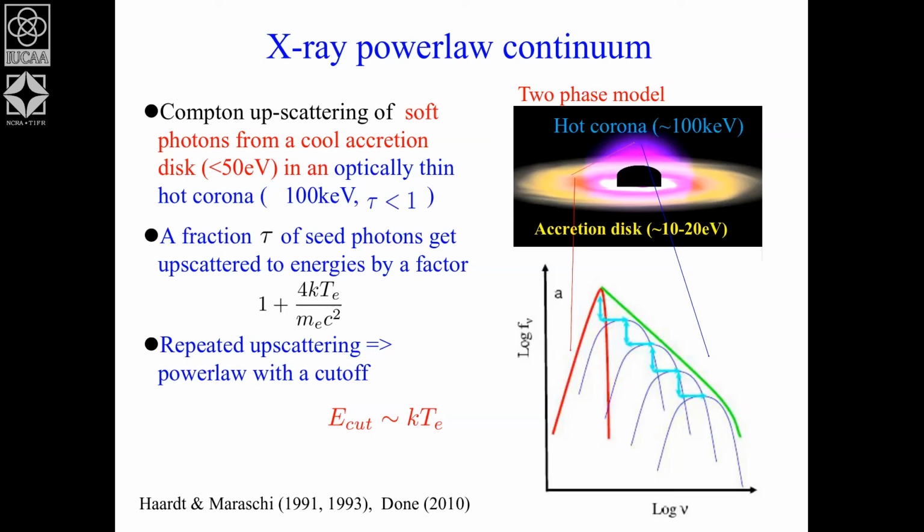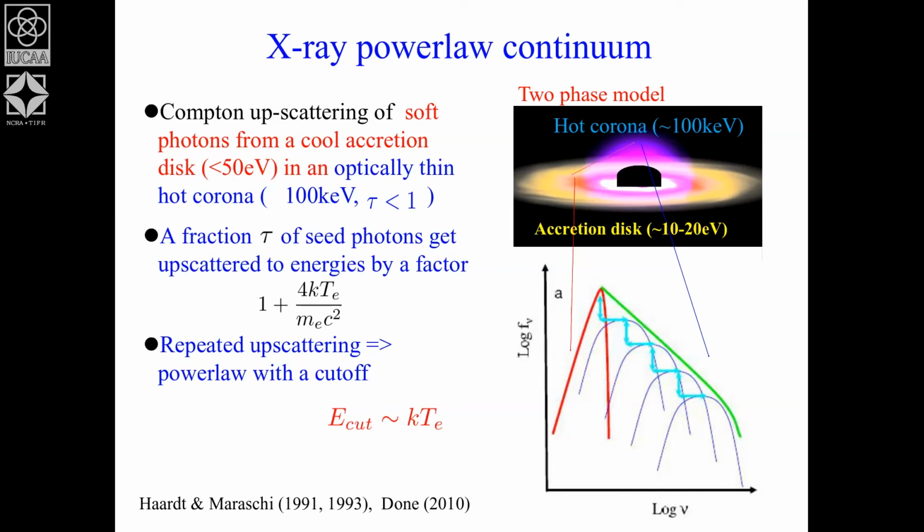That repeated Compton scattering is essentially resulting in the broadband X-ray power law, in the following way. Let's say this disk is emitting roughly like black body emission, and this black body spectrum is interacting with the hot corona. In one scattering step, what is happening?